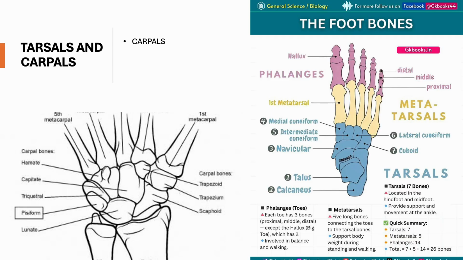Then inferior to the medial and intermediate cuneiform, and also lateral, we have the navicular bone, and also we have the talus bone on top of the navicular, then calcaneus behind it. So it adds up to 7 tarsal bones plus the 10 metatarsals plus the 14 phalanges. It adds up to 26 bones.